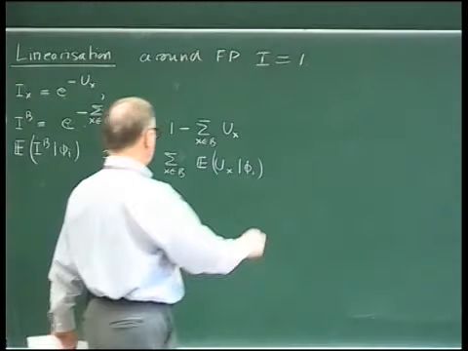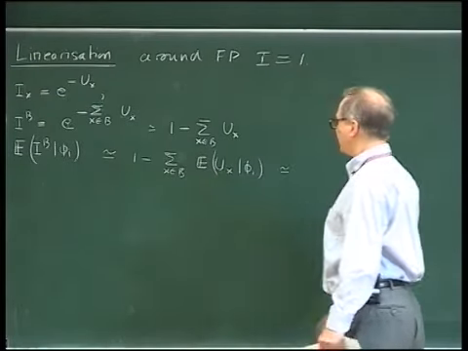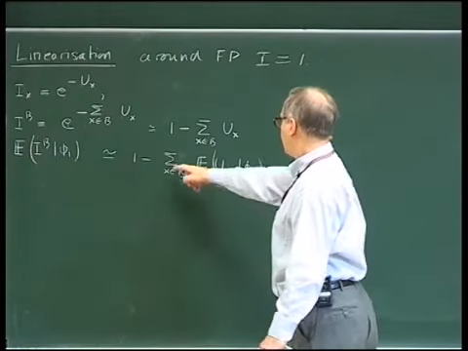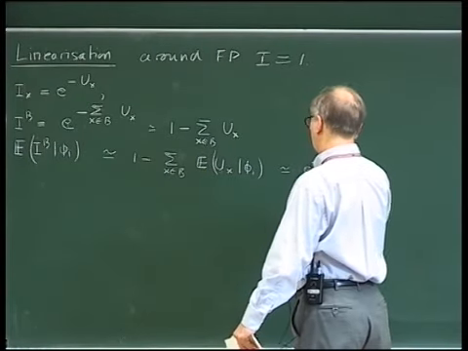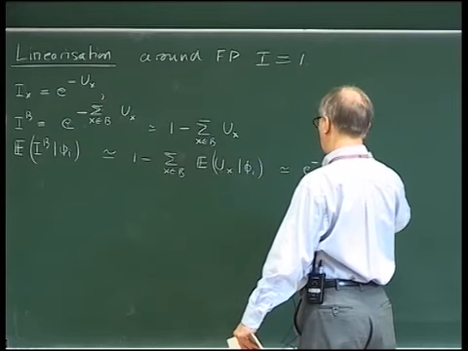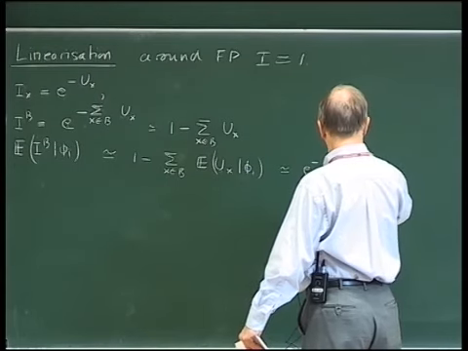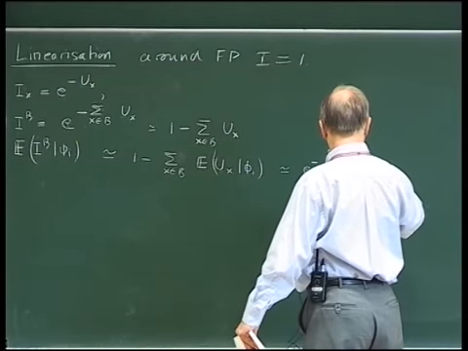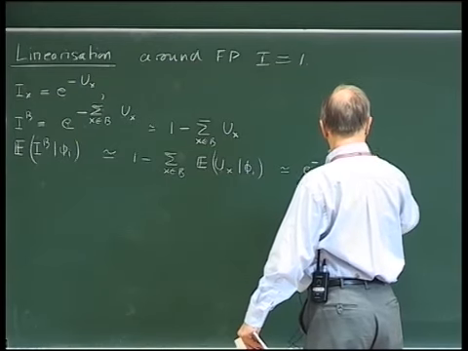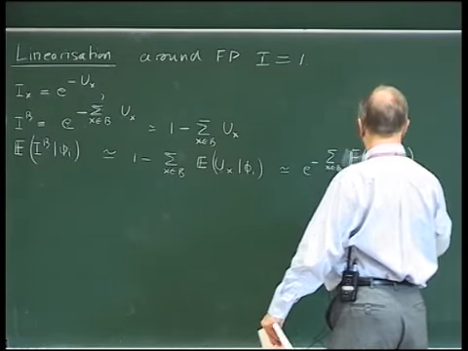And then at the same level of approximation, regarding u as very small, that will be the same as e to the minus the sum over x in b of the conditional expectation of u sub x given phi 1.